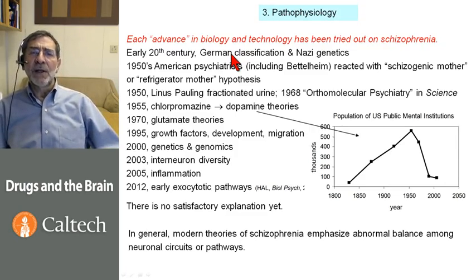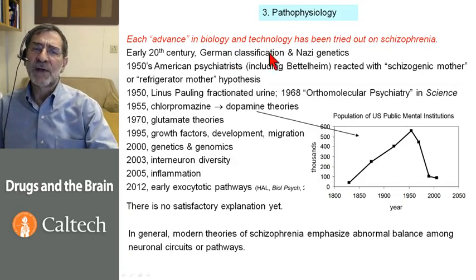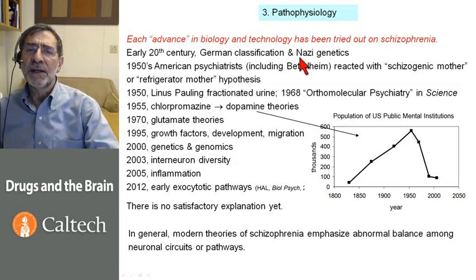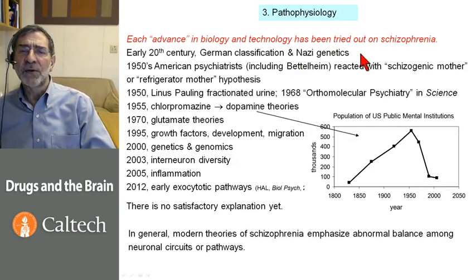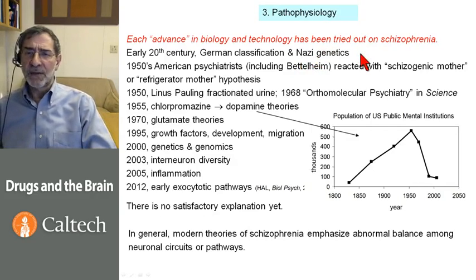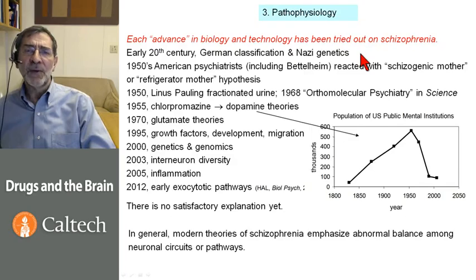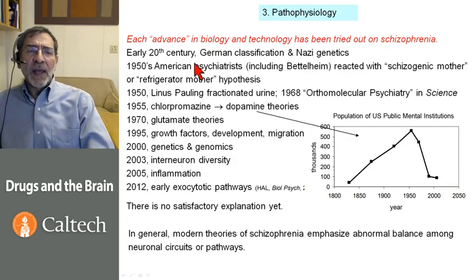Early in the 20th century, the great German scientists followed their passion for classifying, in this case mental disorders, and in the 30s, the Nazis had the idea that the Aryan race was a pure one, and that to the extent that other genes got mixed up in the Aryan genes, there would be mental illness.